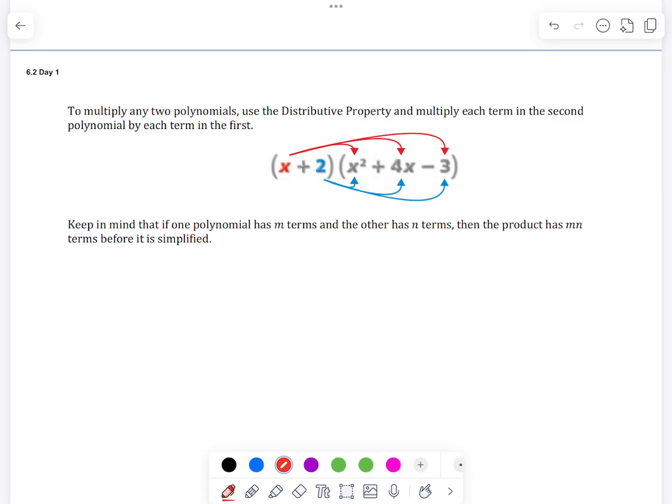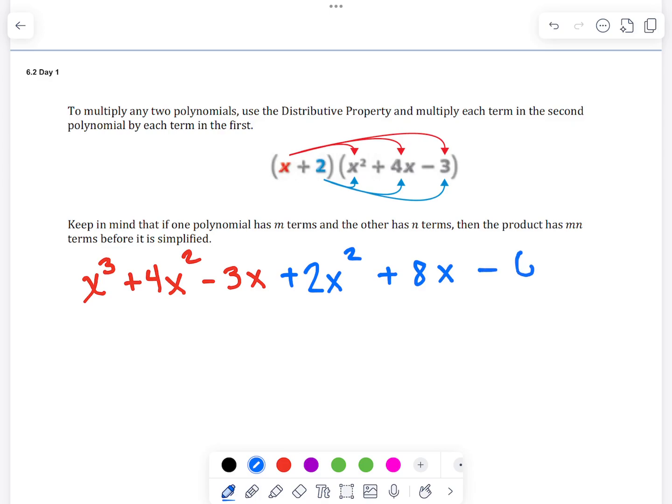So what this example would look like if we were to multiply this binomial to a trinomial, you get x times x, x cubed, x times 4x, 4x squared, x times negative 3, negative 3x, and then we distribute the 2, so we get 2x squared, 8x, minus 6, and then we put it in standard form.